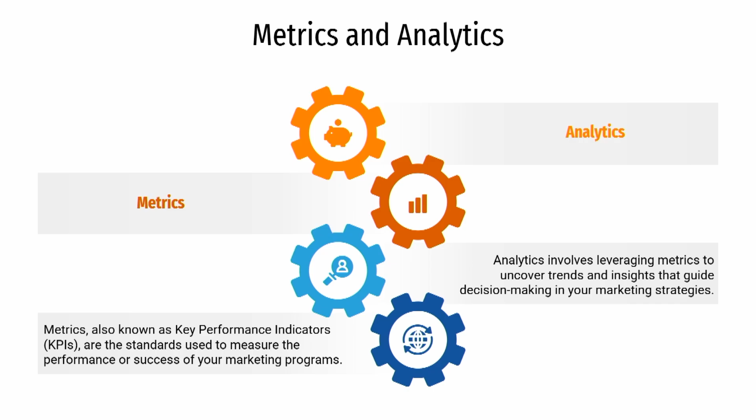On the other hand, analytics involves leveraging metrics to uncover trends and insights that guide decision making in your marketing strategies. In simple terms, metrics is all about understanding the what aspect, and analytics is all about understanding the why aspect and taking corrective actions based on the why aspect.